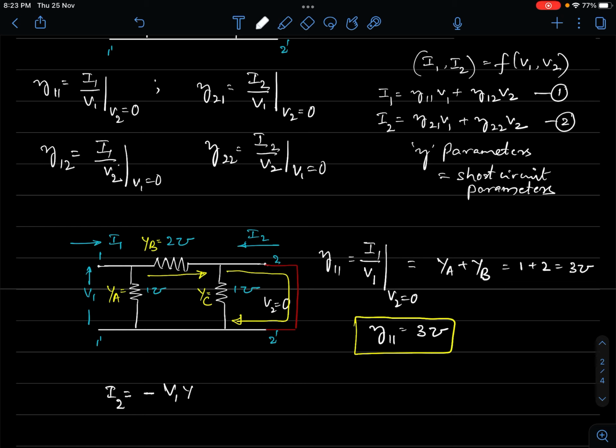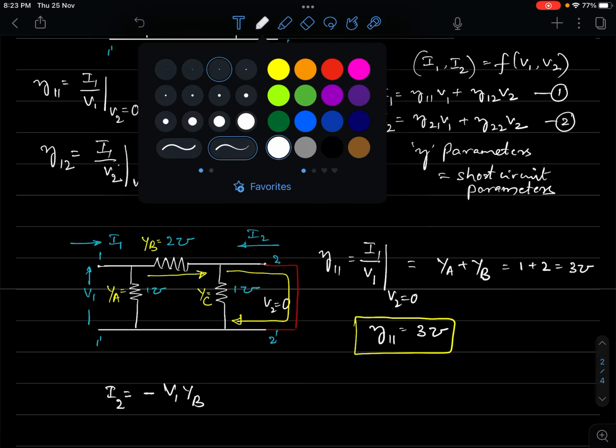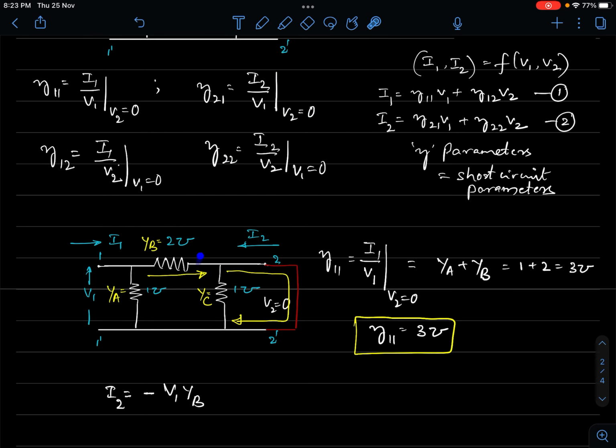it is the voltage times the admittance. So the voltage across YB is V1, V1 times the admittance is the current, okay? So I2 is minus V1 times YB. Why have we given a negative sign here? It is because it is flowing opposite to the conventional current. Conventional current is into the port, whereas actual current is flowing away from the port.